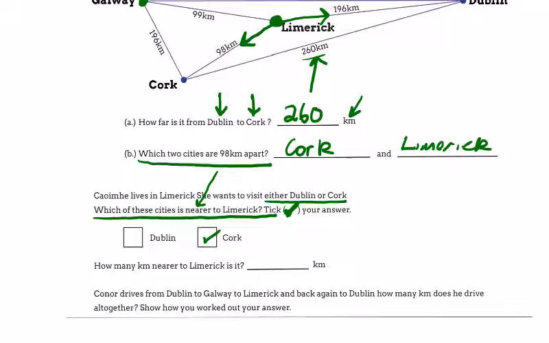And how many kilometers nearer? So they're not really testing your math skills. It's can you read the question properly? How many kilometers nearer to Limerick is it? So what do we need to know there? We need to know the distance from Dublin to Limerick, which is 196, and we need to know the distance to Cork, which is 98.